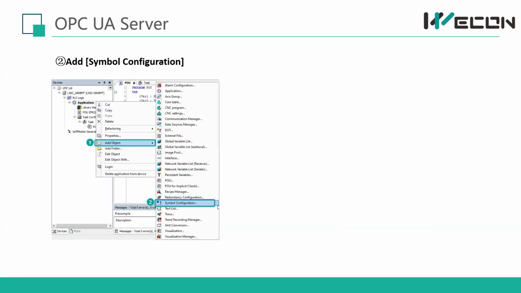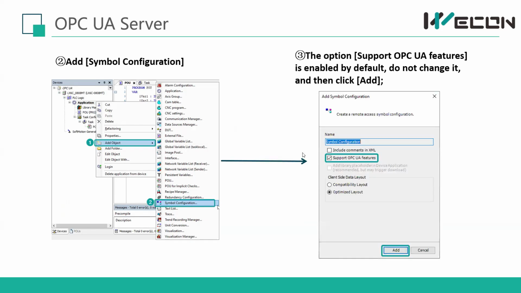The second step, you need to right click the application and add the object, Simple Configuration. After you click it, you can see this page. This is a setting to enable the OPCUA protocol. After you enable it, your PLC will act as the OPCUA server.